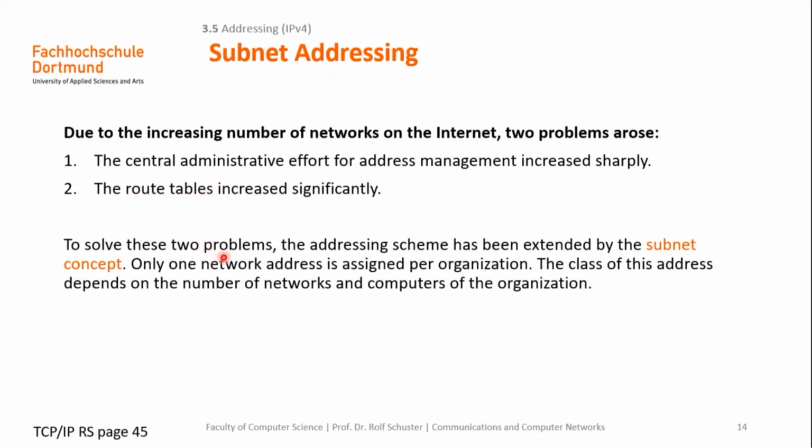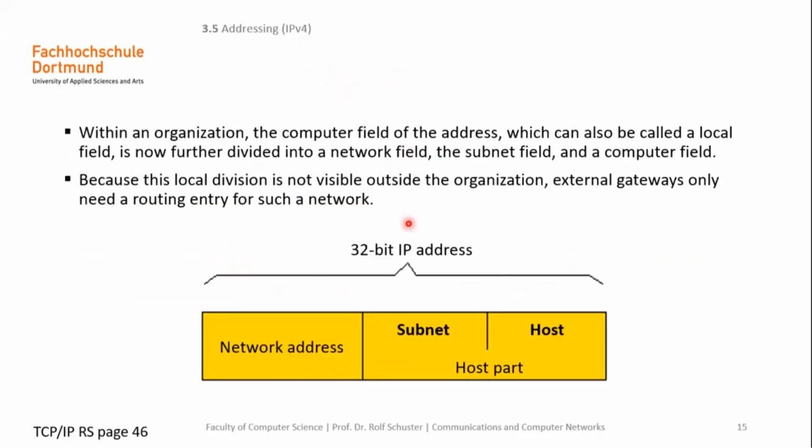To solve these problems, the addressing scheme has been extended by the subnet concept, and then only one network address is assigned per organization, but the class of this address depends on the number of networks and computers the organization needs. Within an organization, the computer field of the address, which can also be called the local field, is now further divided into a network field, the subnetwork field, and a computer field.